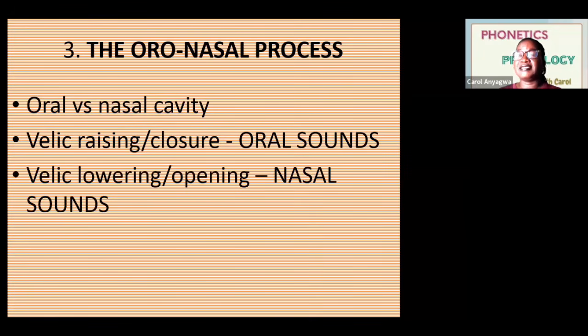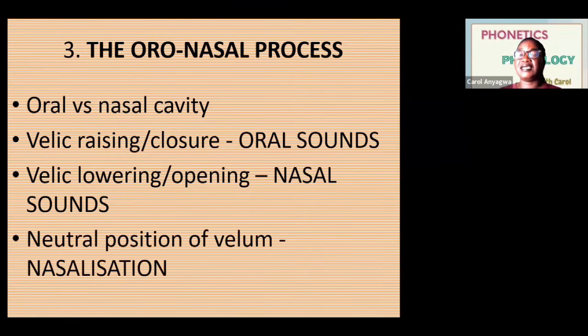On the other hand, when the velum is lowered, it blocks the air from entering into the oral cavity, and it gives us nasal sounds. So again, the velic lowering or opening results in nasal sounds.